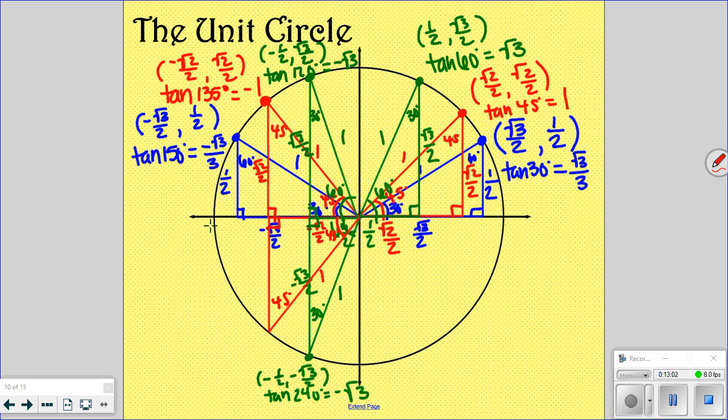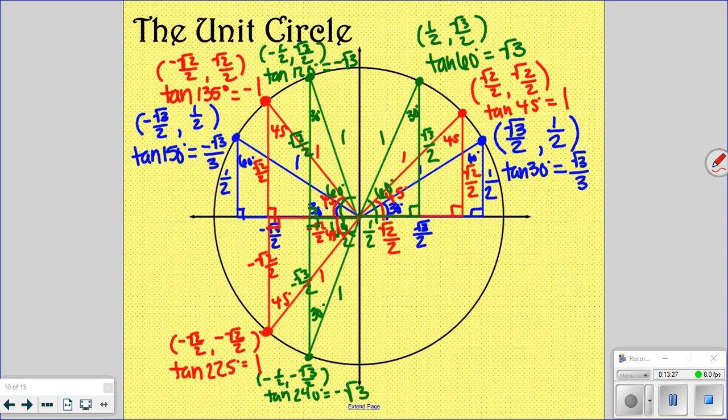The hypotenuse is 1, and then this side is also negative square root of 2 over 2. So this point right here would be negative square root of 2 over 2, negative square root of 2 over 2. And then our tangent, 180 plus 45 is 225. And the tangent is going to be a positive 1.